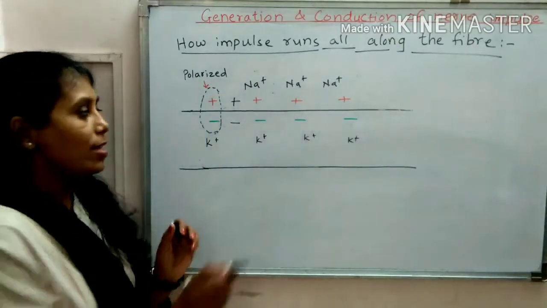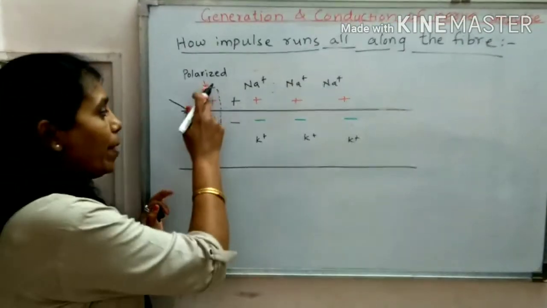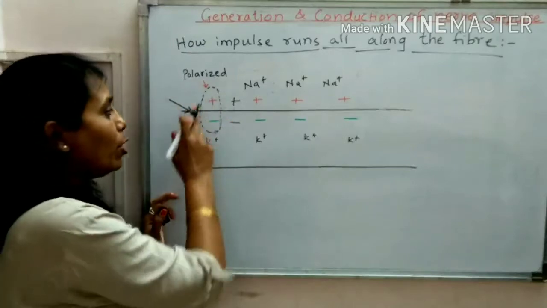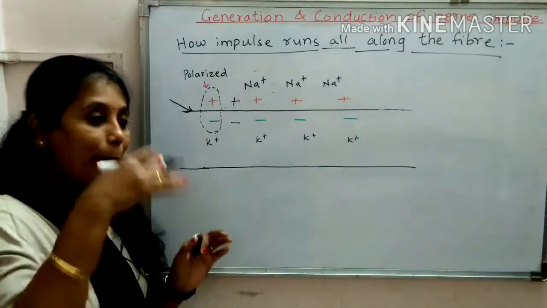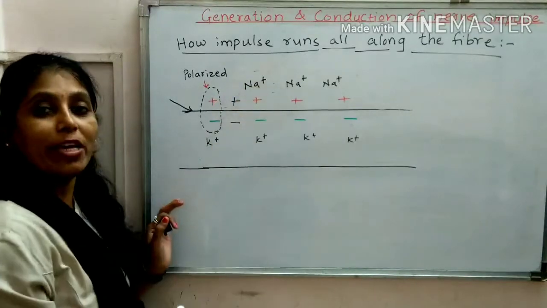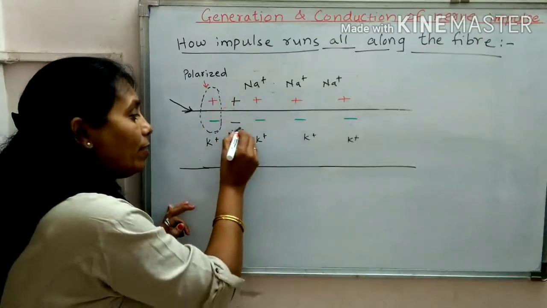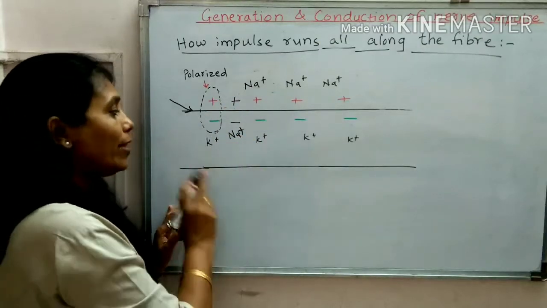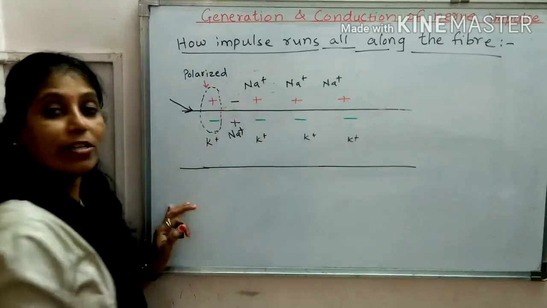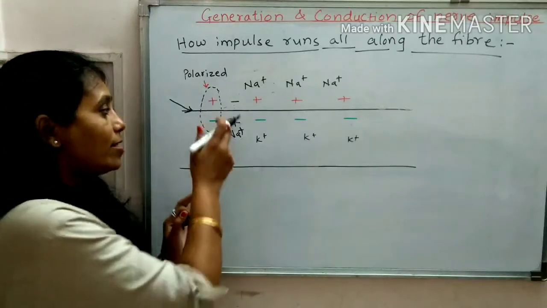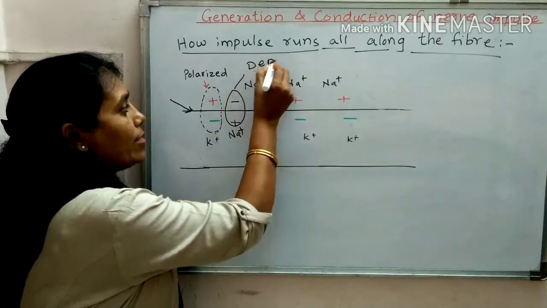Now as soon as the neuron gets the impulse, that particular zone becomes depolarized by rapid influx of sodium ions. These sodium ions enter inside the axon, so that this charge becomes positive and this charge becomes negative. This condition is called depolarization.